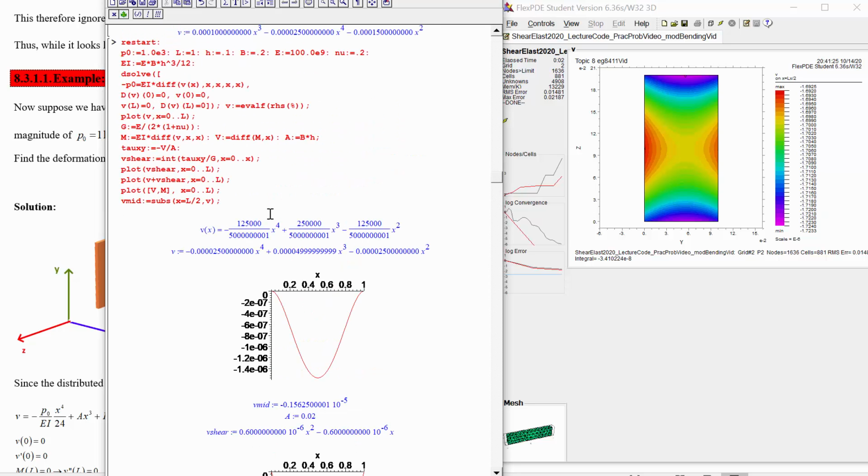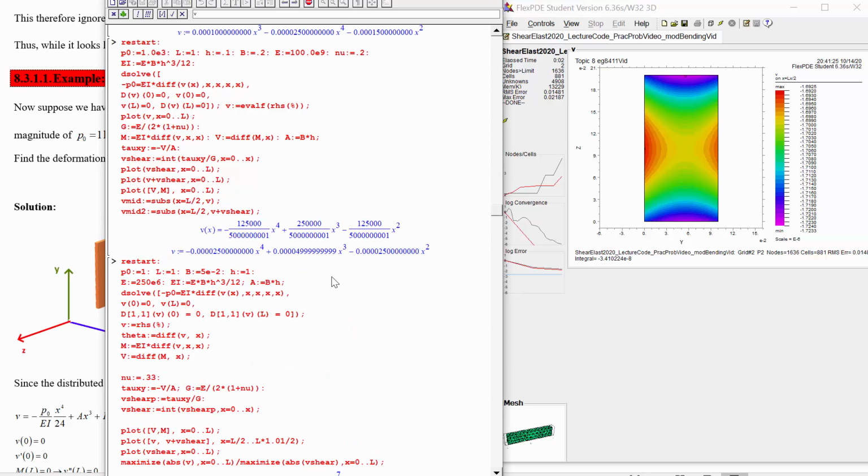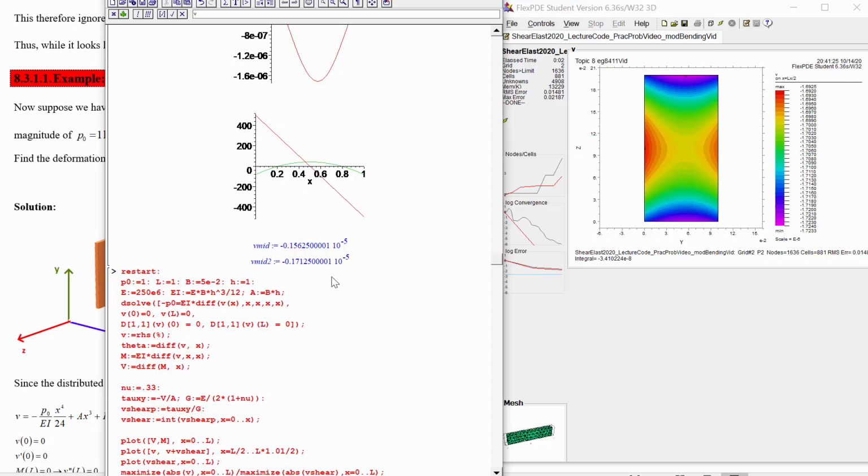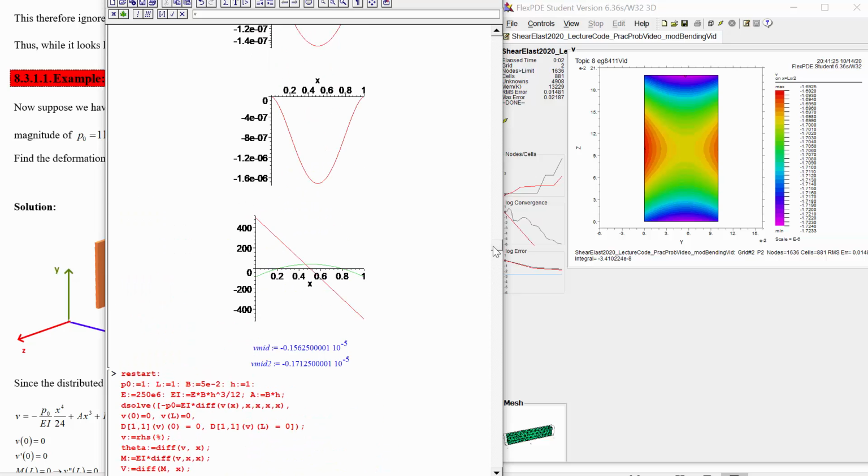Let's add the shear deformation to the bending deformation and see what we get. V mid 2 is equal to V mid plus, or how about just subs X equals L over 2 to V plus V shear. Okay, and that does give you around 1.7 times 10 to the negative 5.